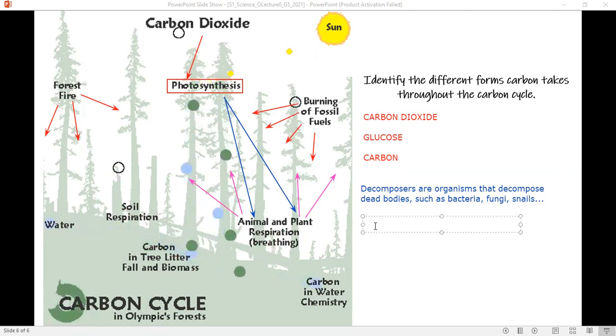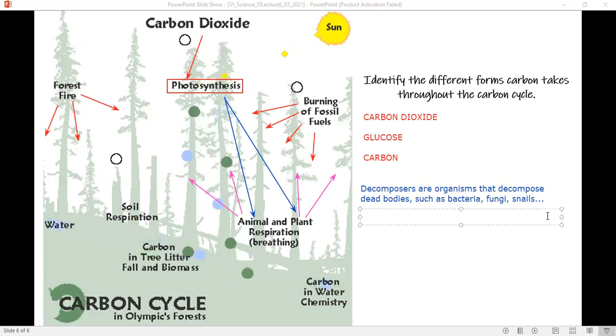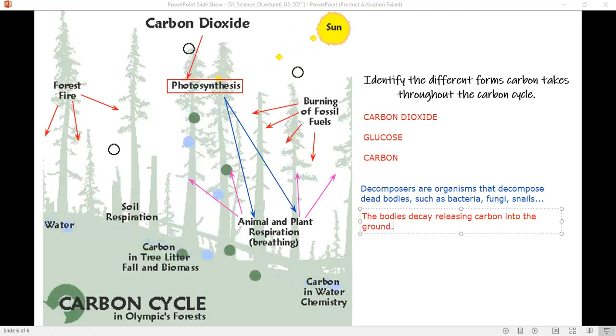One last thing to add is that when plants and animals die, their bodies decay, releasing the carbon into the ground, and in millions of years, so right here, let me add, that the bodies decay, releasing carbon into the soil or the ground, and in millions and millions of years, this carbon is changed to fossil fuels.